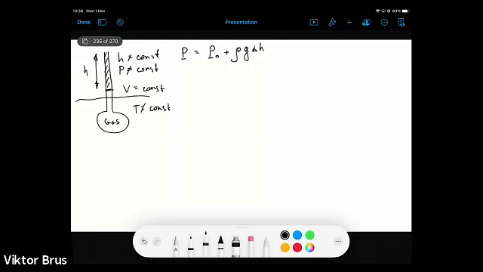And if we have a plot, here will be temperature, let's say in degrees Celsius, here will be pressure. For two reference points, let's say 0 and 100 degrees Celsius, we will then have linear dependence of pressure over temperature.